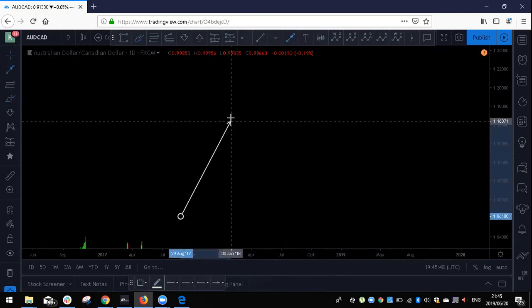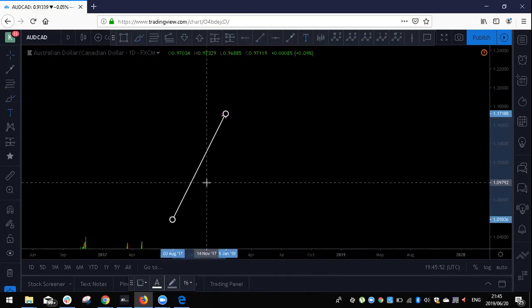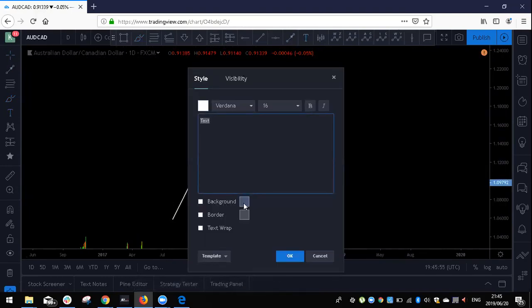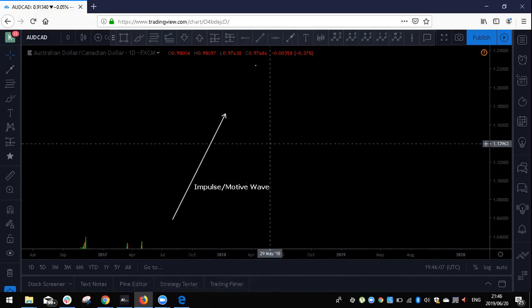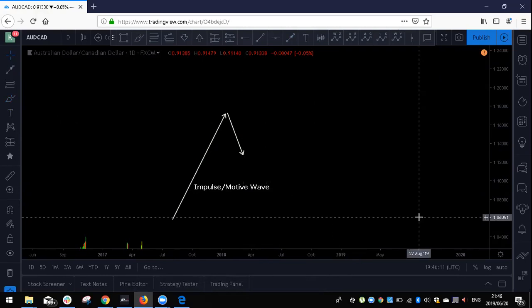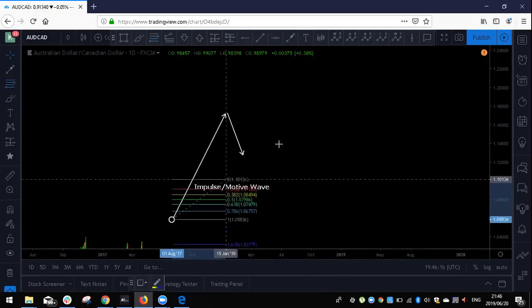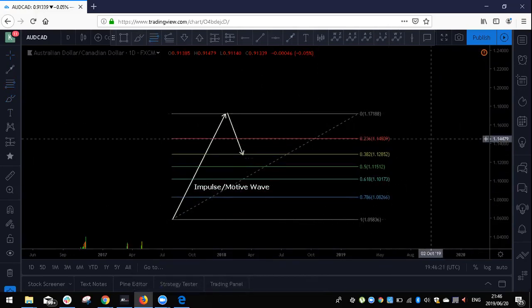Once you spot a strong move in the market, I'm gonna say it's an impulse or motive wave, and then you see price is starting to reverse. Once it starts to reverse, that is where you become interested in the support and resistance zones for that price.